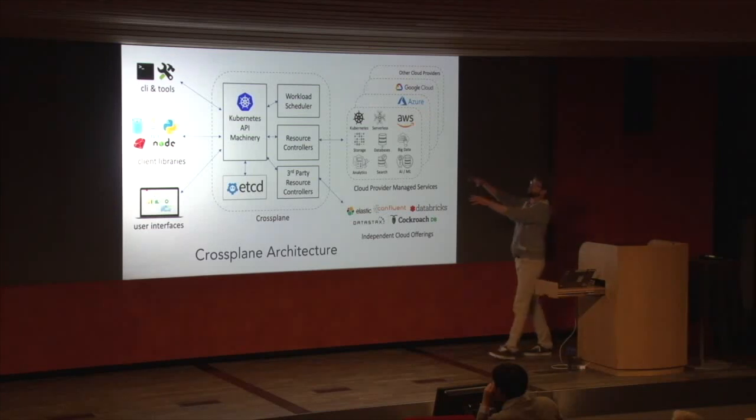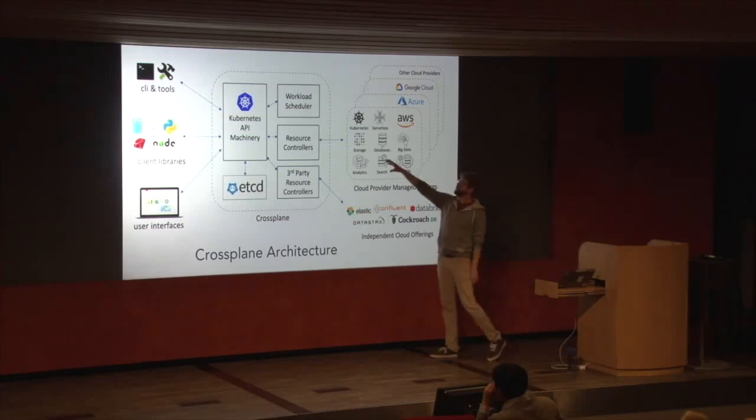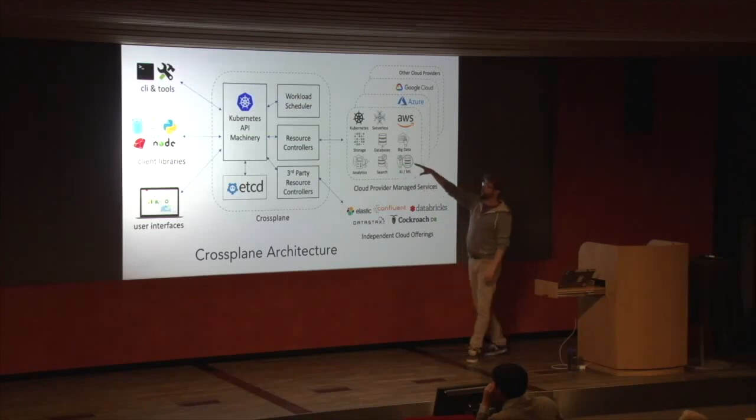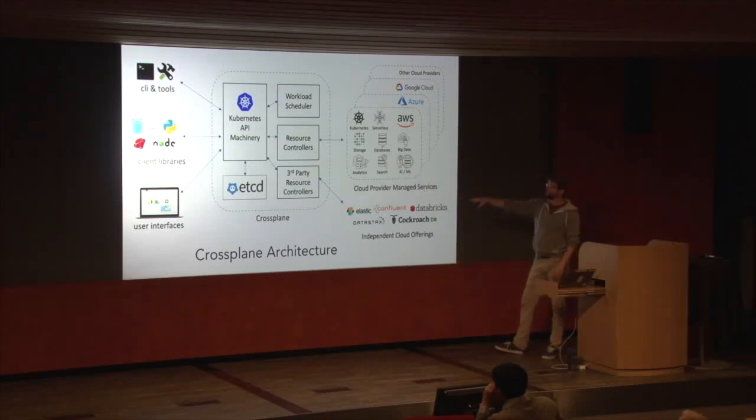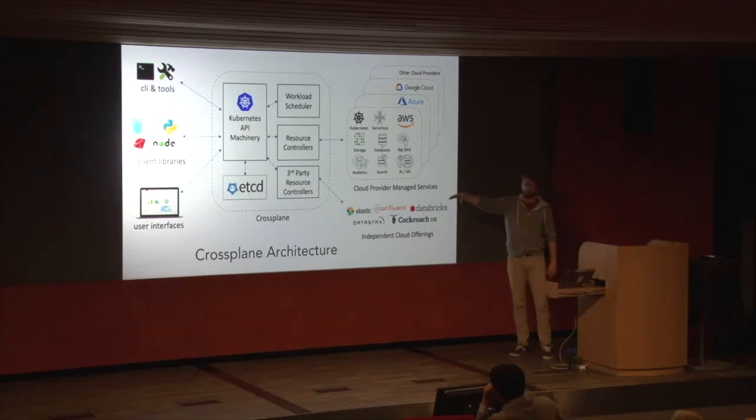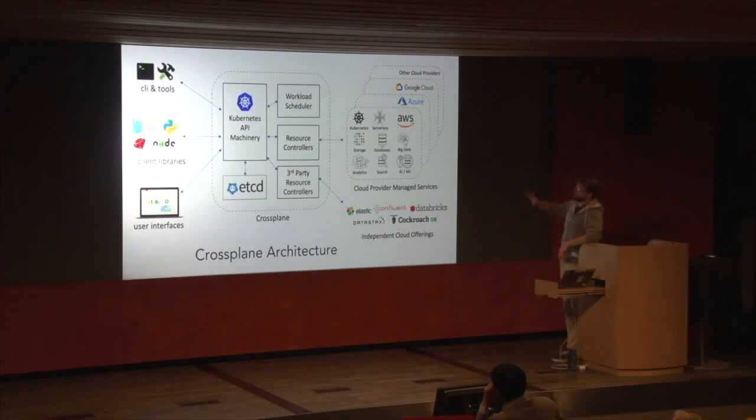The important thing here is that in the middle here, it's all built on the Kubernetes API machinery again, right? The Kubernetes API server and etcd for persistent storage, and then a set of resource controllers and custom resources, a scheduler. All that stuff just needs to be built on the Kubernetes API machinery because it's so extensible.